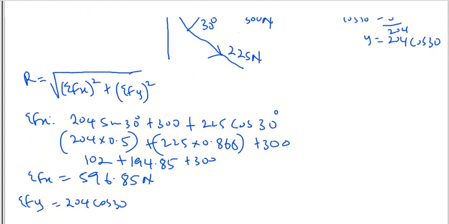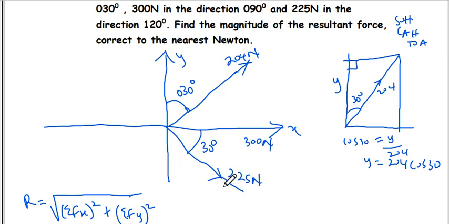Then for the second force, this 225 newtons, resolving this to the vertical axis. This is the positive y-axis, this is the negative y. Since we are resolving to the negative y-axis, it becomes negative, minus 225 sine 30. Let me show you how I got sine 30. This is x, and this is y. We are resolving to this. If this is 30, this is also 30.